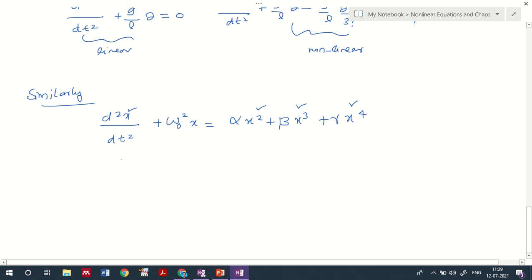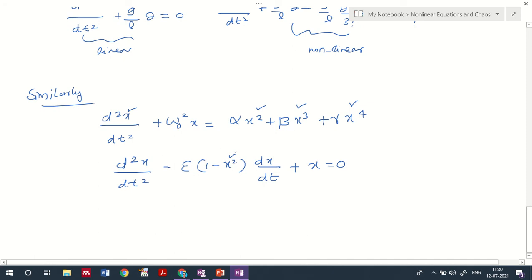Similarly, another example of a nonlinear equation is d square x by dt square minus, let me take epsilon into 1 minus x square dx by dt plus x is equal to 0. In this case also you can see that there is an x square term in addition to the x term over here.